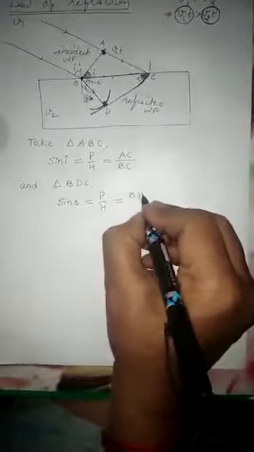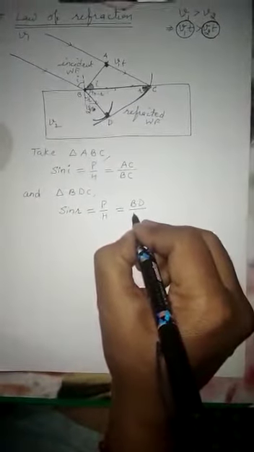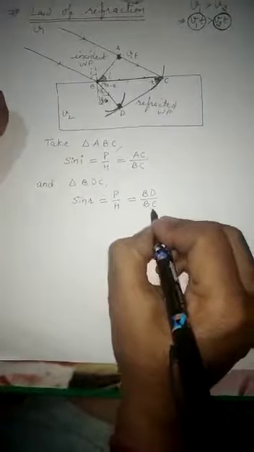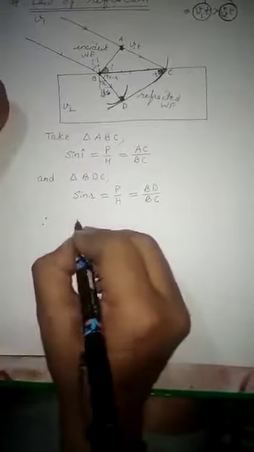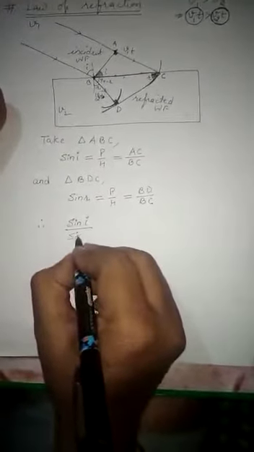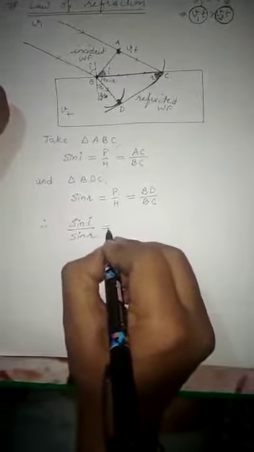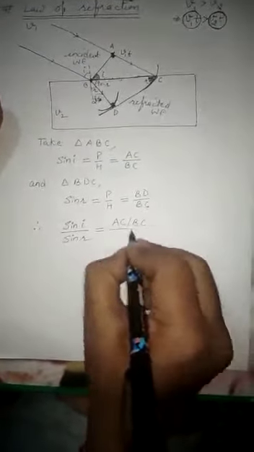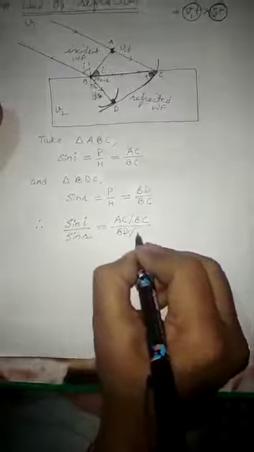So BD here is the perpendicular, and again BC is the hypotenuse. So therefore sine of I divided by sine of R is equal to AC divided by BC, divided by BD divided by BC.